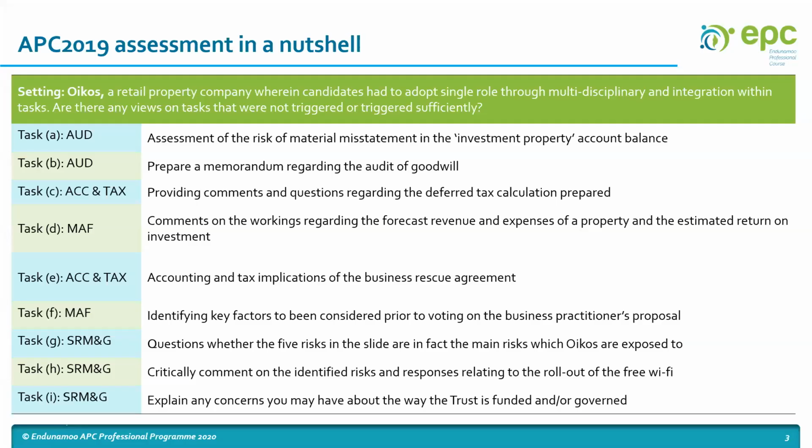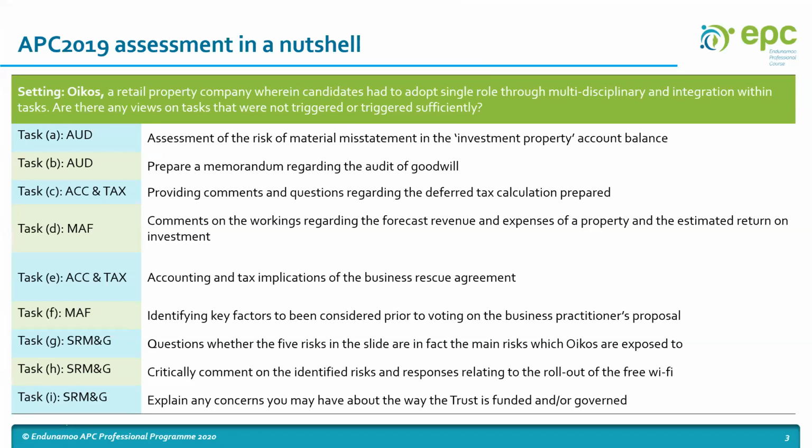The first slide, or slide number 3, essentially captures how the case study looked. If you have a glimpse of it, you can see that the specific disciplines, being your auditing, your accounting, management decision making, and tax, were strongly covered.